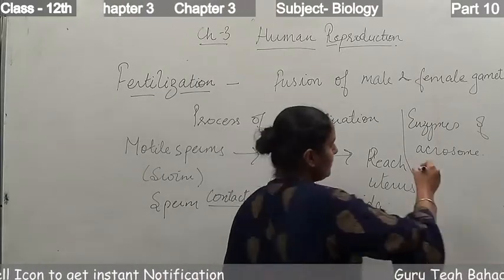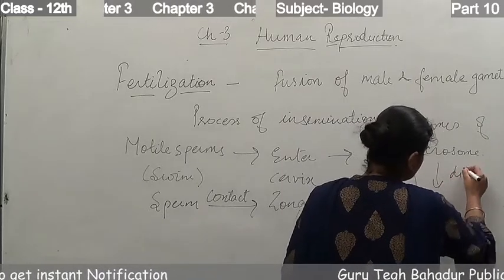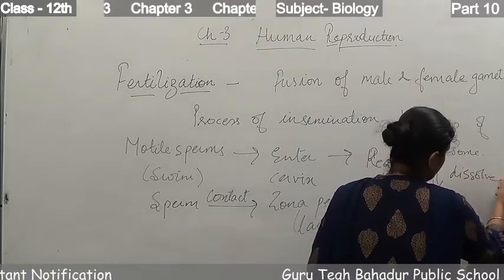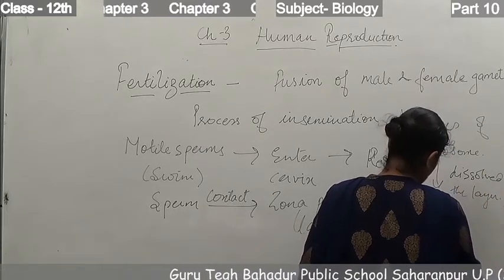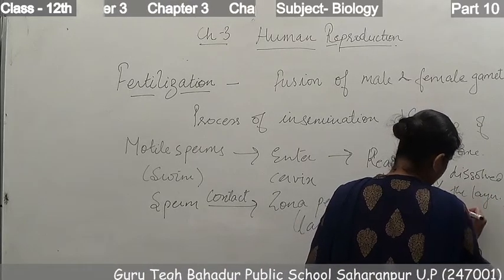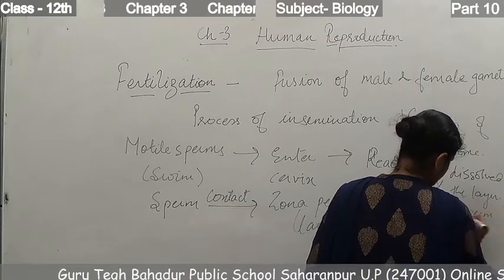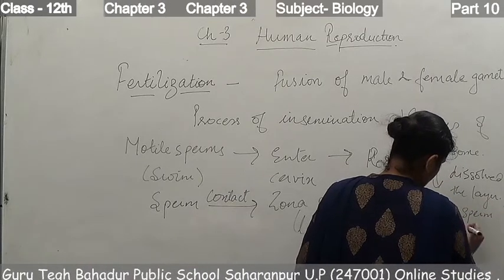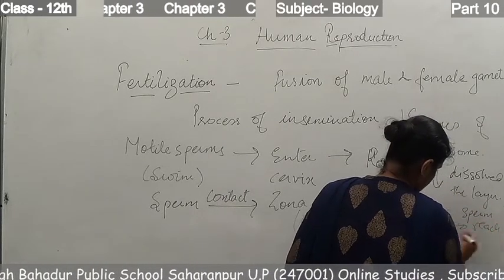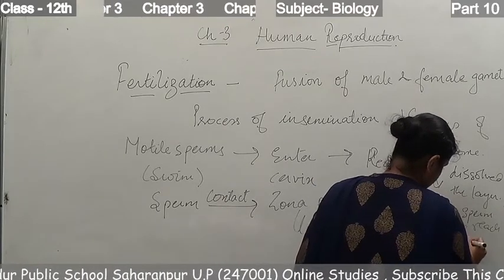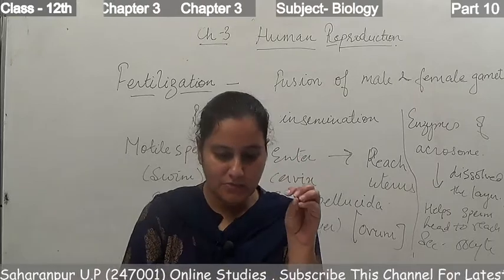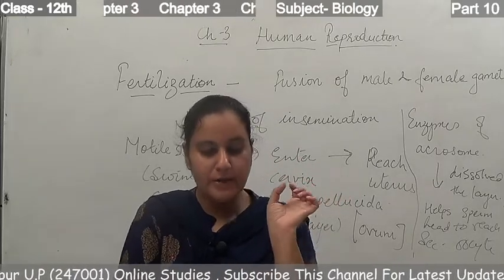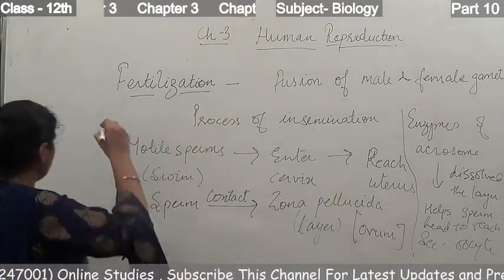So the enzymes of the acrosome dissolve this layer and help the sperm head to reach the secondary oocyte, right? So this is what happens.